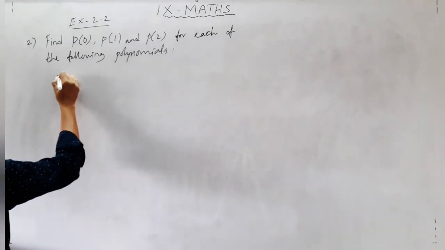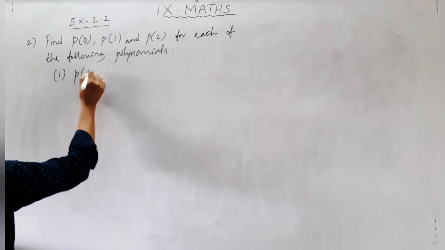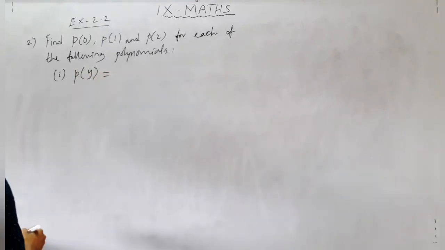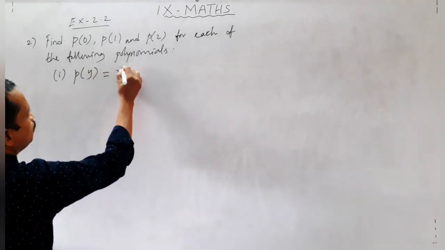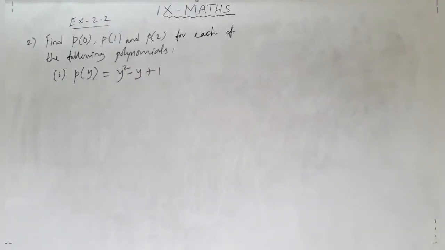Option 1. What's the polynomial given? P of y equal to y square minus y plus 1. So this is the polynomial given here, and we have to find the value, that is p of 0, p of 1, p of 2.